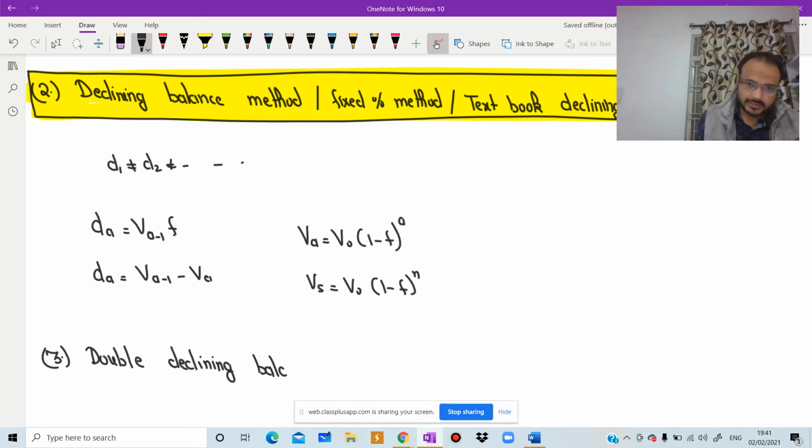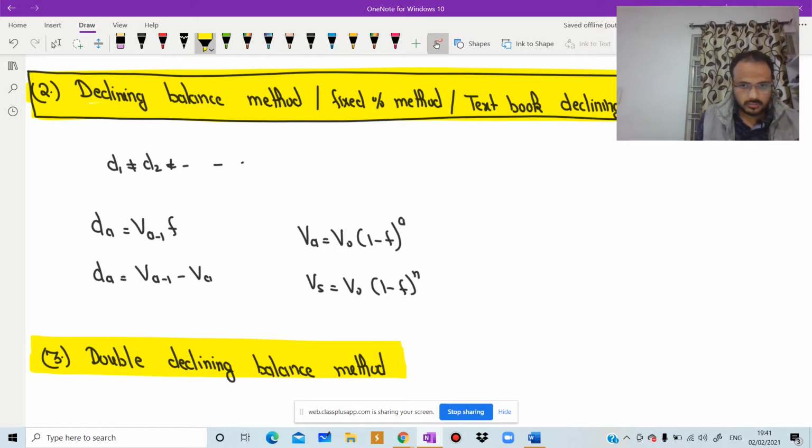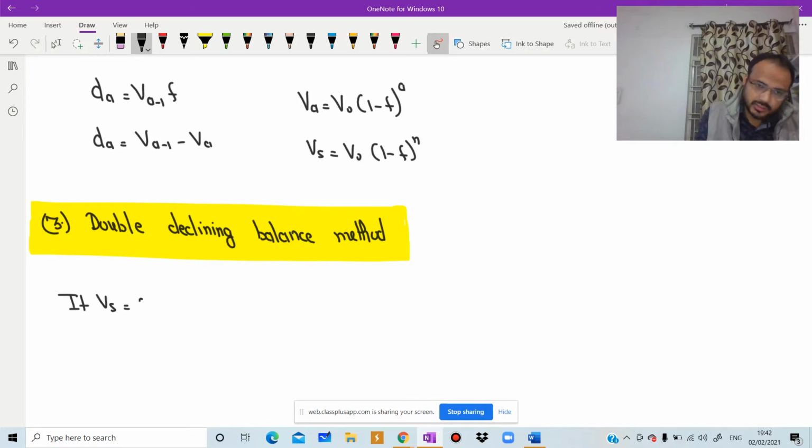Double declining balance method. If Vs is 0, then also this is applicable because here f is equal to 2 by n, and the remaining formulas will be the same.